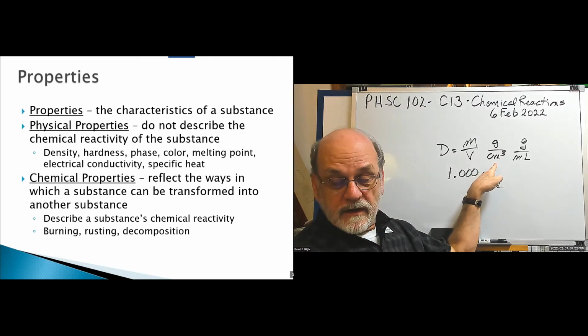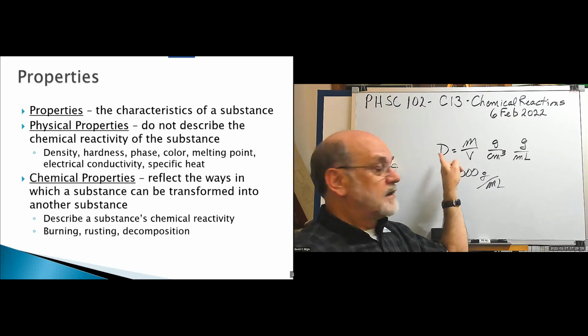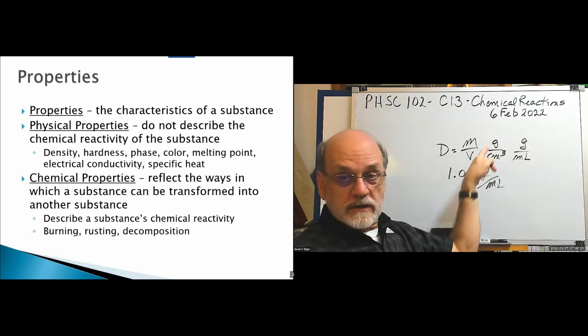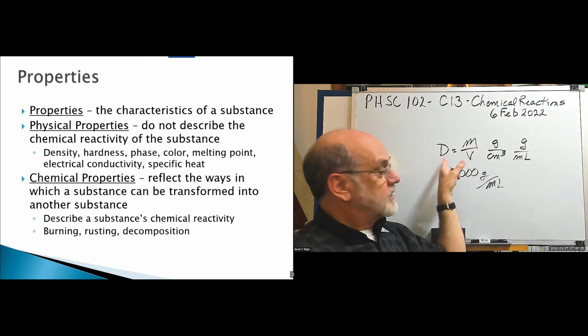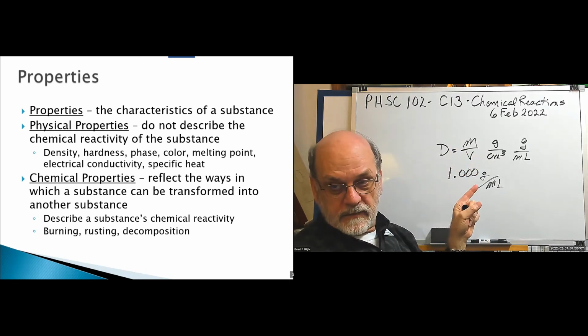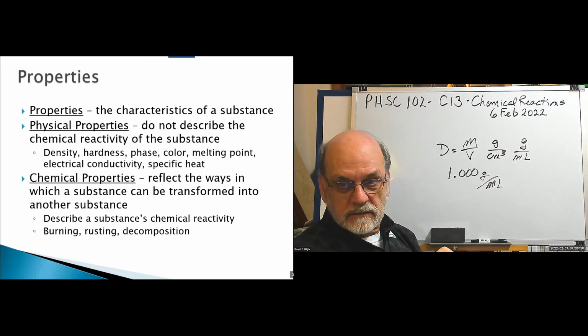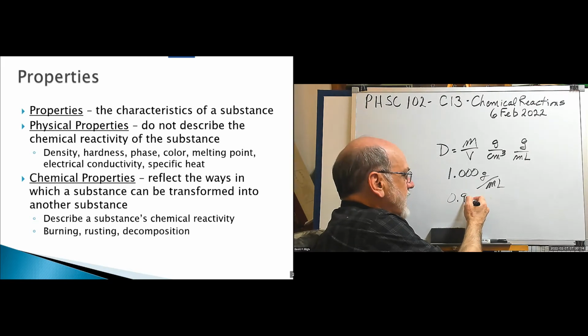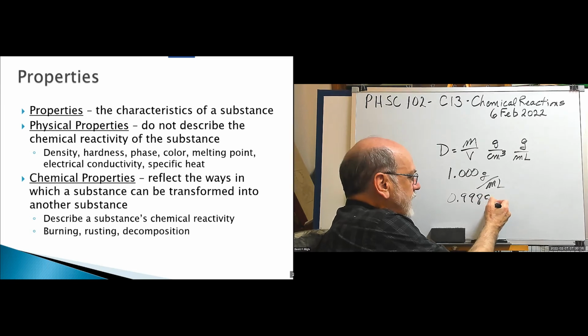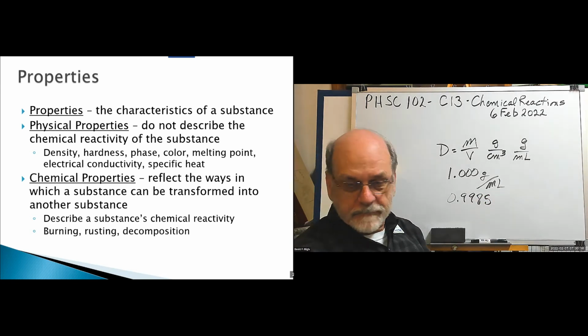Volume will increase, right? So the denominator increases. That means the quotient of the two, because the mass won't change but the volume will, so the density will decrease, but it's still water. We haven't changed the water at all. So it might drop down to maybe 0.9985 if we heat it up enough.